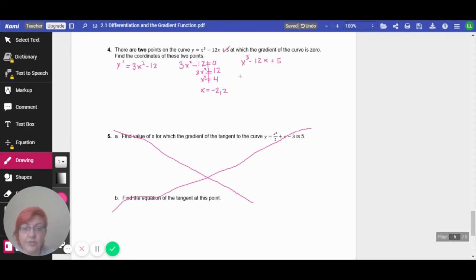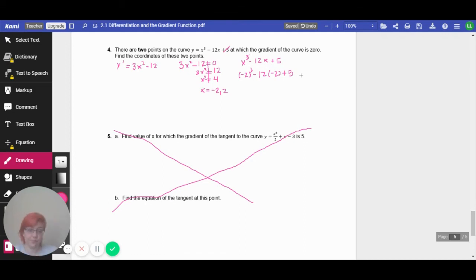Let's start with negative 2. So that is negative 2 cubed minus 12 times negative 2 plus 5.